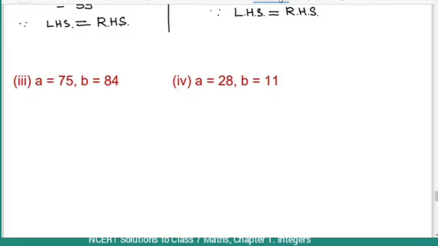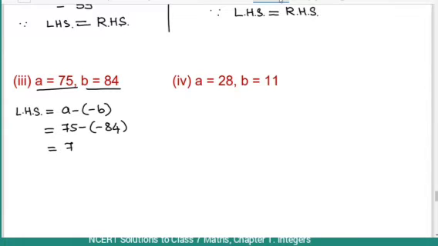here. Third one, a value is 75 and b value is 84. Here also I will take first LHS equal to a minus of minus b, that is 75 minus of minus 84 becomes 75 plus 84, which is equal to 159.